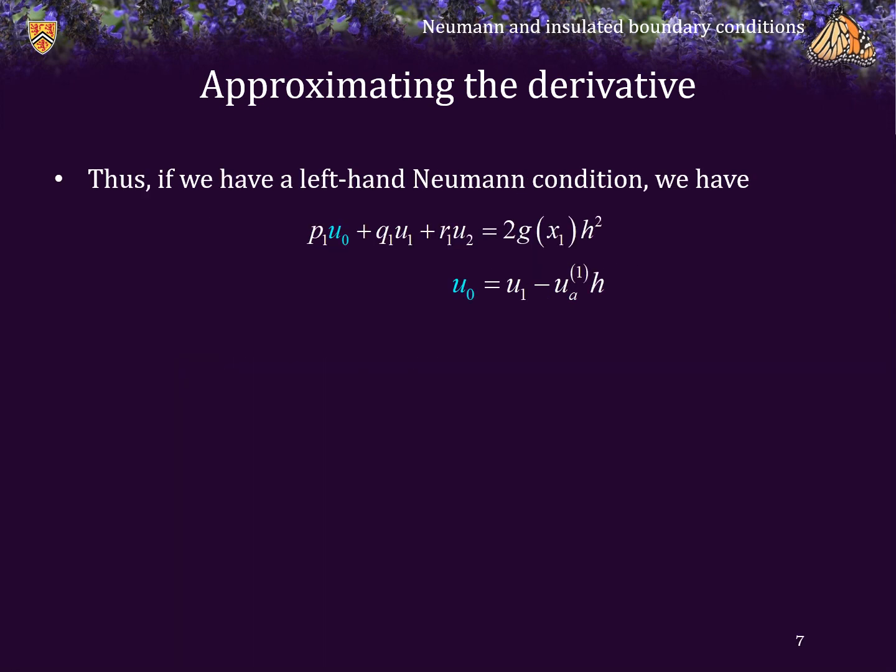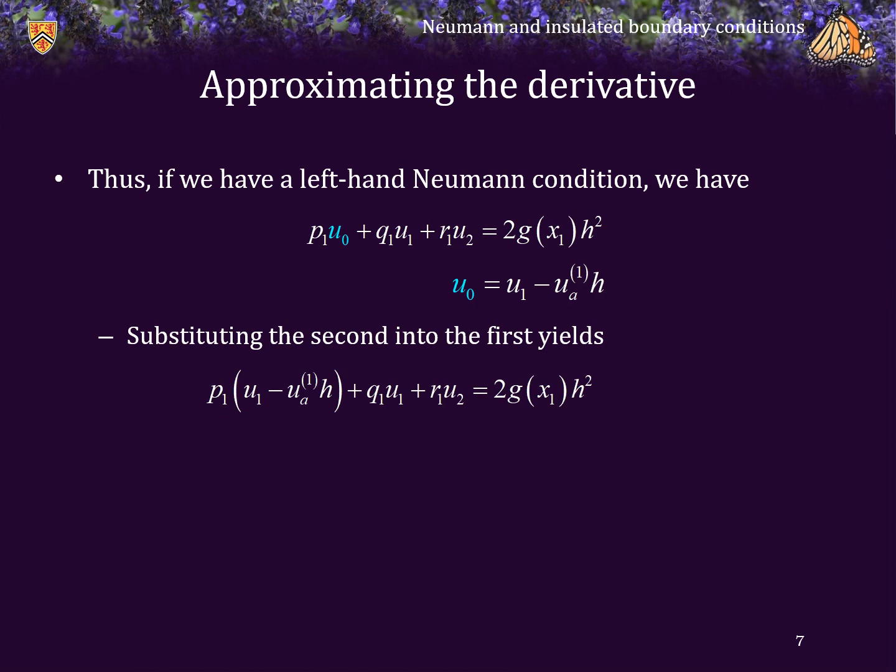So thus, if we have a left-hand Neumann condition, then we have an equation that describes u0 in terms of u1. So previously we replaced u0 with u sub a and moved it to the other side. Now we're going to replace u0 with the expression in the second equation.